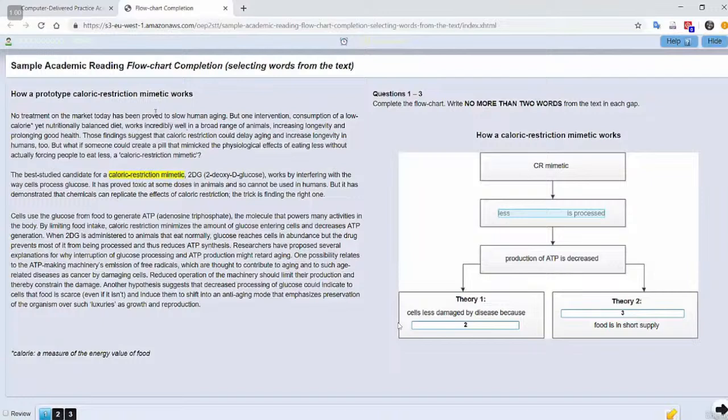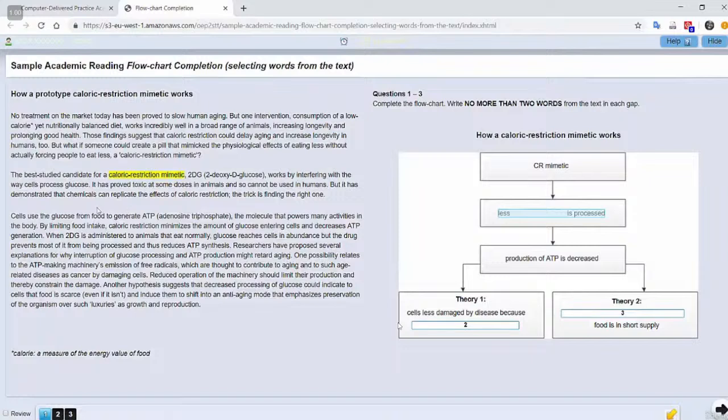I'm not going to find any answers in this first paragraph. There's no point in looking at it because this is a flowchart and it goes in order, right? So now we're looking for our next part for number 1: CR mimetic, and less something is processed. That's what I need to find.